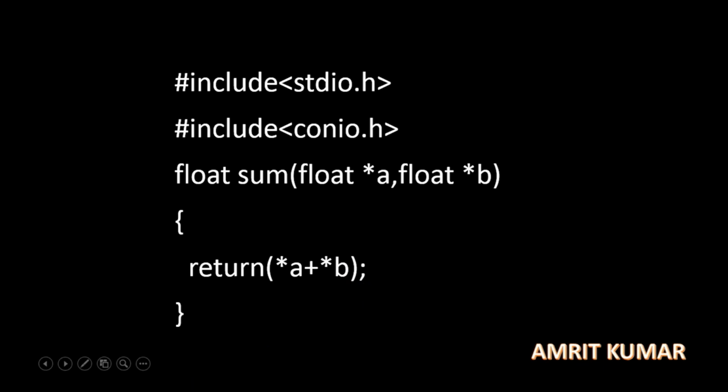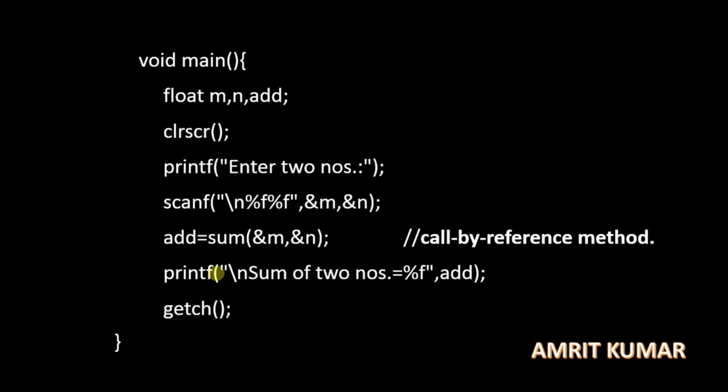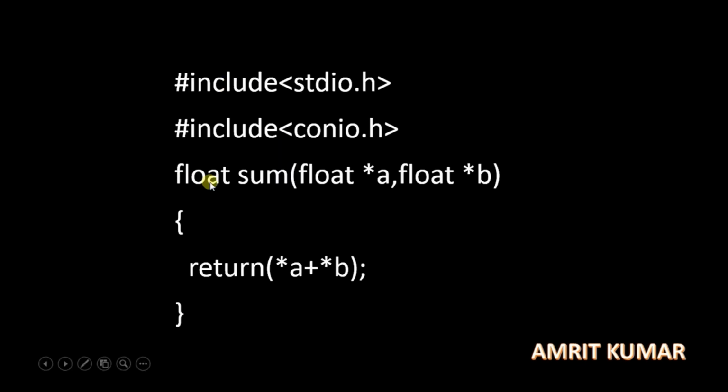Now look at the function that is going to give us the sum value of the two variables. After the creation of our function sum, this is the call by reference method technique.